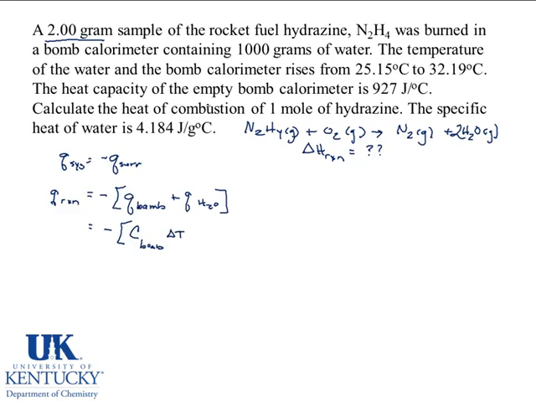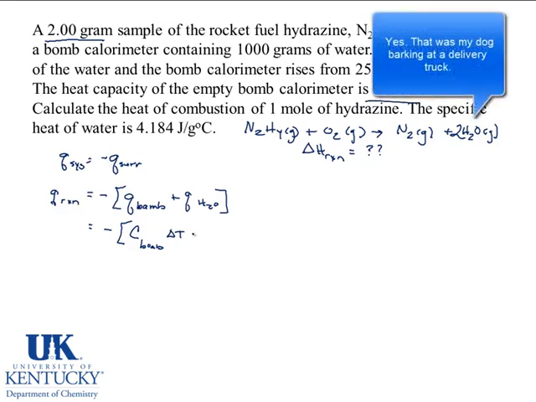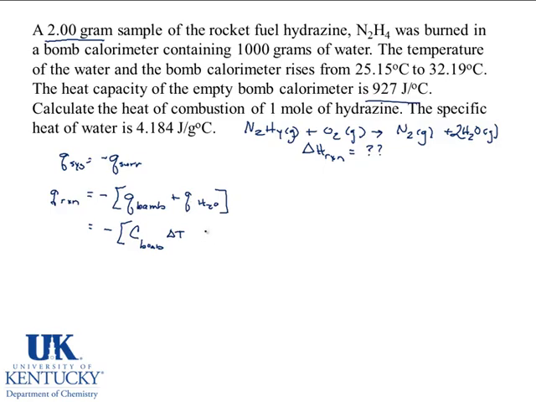The heat capacity of the bomb is 927 joules per degree Celsius. The water can be further broken apart into the mass of the water, the specific heat of the water, and the change in temperature.